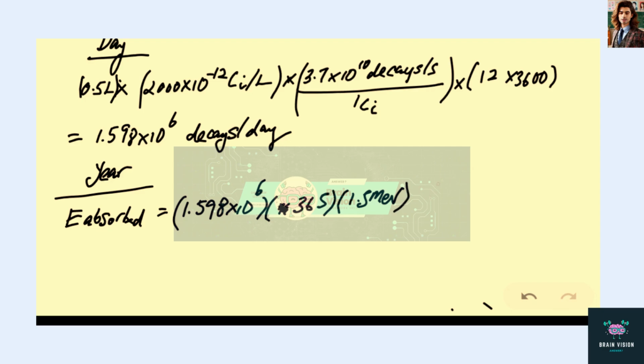But we are given that only 10% of this 1.5 MeV is absorbed by the body, so we have to multiply that by 10%.